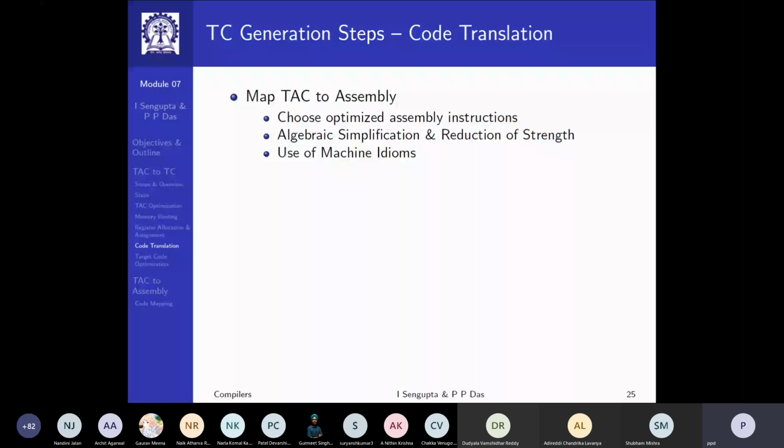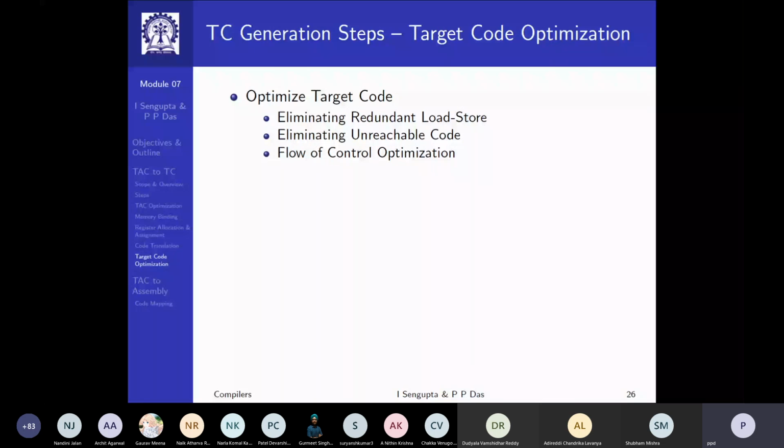And once this assembly code has been generated, we will do another round of optimization, which is on the assembly. For example, there could be several redundant load stores. You may have stored a variable and then loaded it again, but in between, maybe the register was available, so you could have avoided that store and load back.